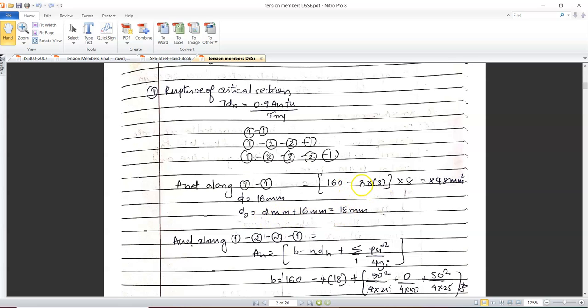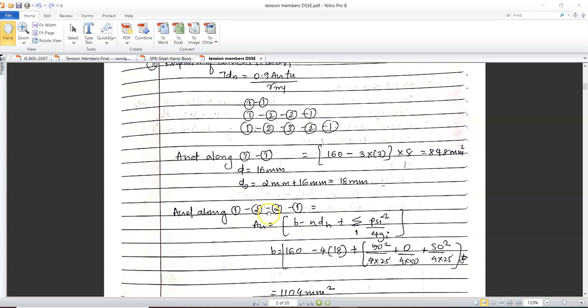So 160 minus 3 into the hole diameter 18, into 8. Once you do this calculation, you'll get the net area as 848 square mm across section 1-1.